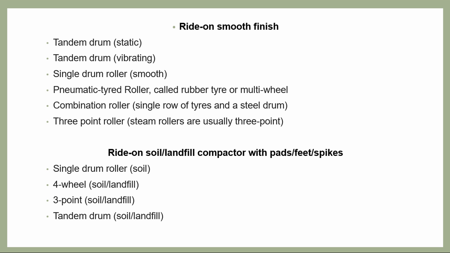Single drum roller, which is basically used to compact the soil. 4-wheel roller, which is used for soil and landfill compaction. There is also the 3-point roller, which is also used for soil and landfill compaction, and the fourth one is called a 10-drum. These kinds of rollers are also used for soil and landfill purposes.